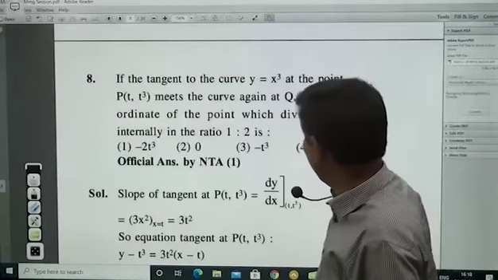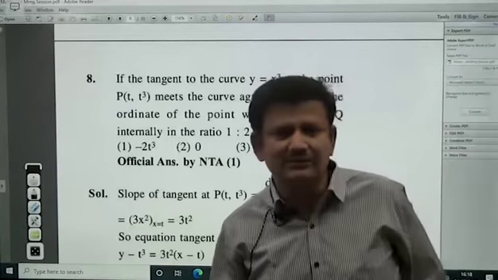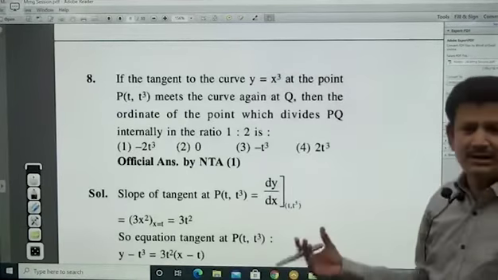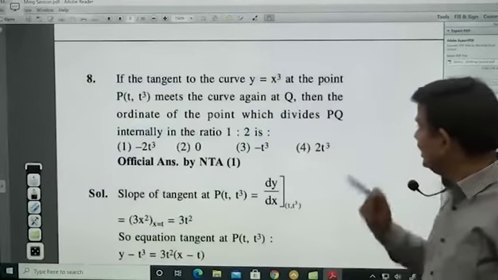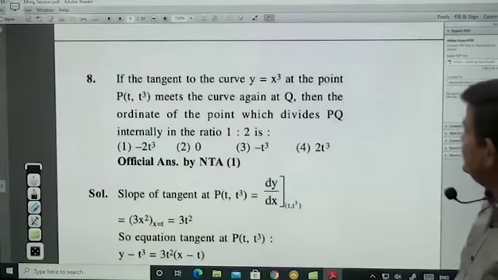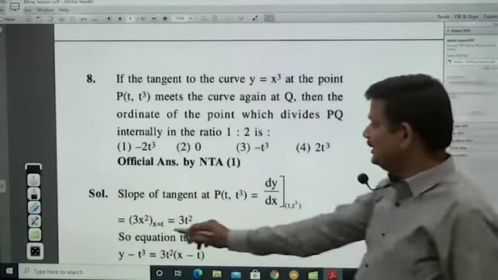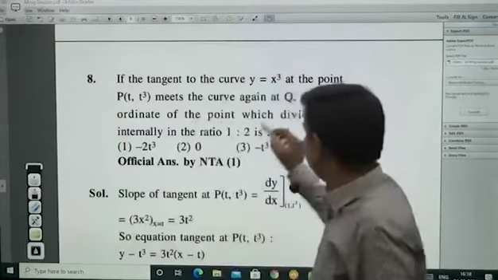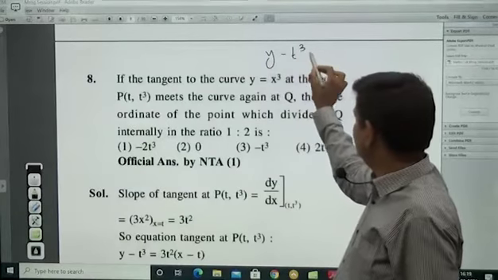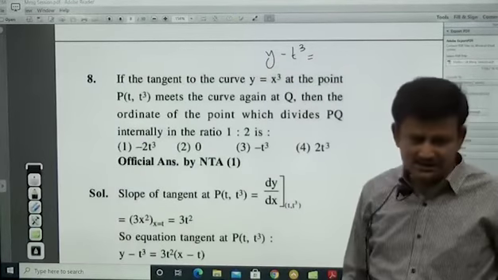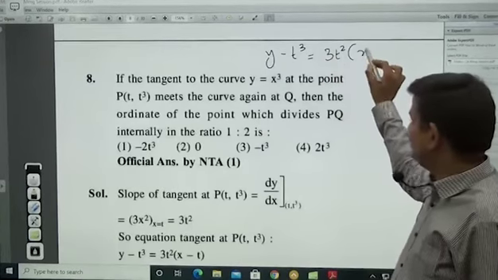Tangent to the curve meets the curve again at Q. This is again a regularly asked question. It's from an archive, I guess. Seen it many times. Either this should have been from the JEE Advanced archive or JEE Main archive. So the tangent at this point meets the curve again at T. What will be the equation of the tangent at that particular point? Y minus t cube is equal to dy by dx, 3t square, into x minus t.